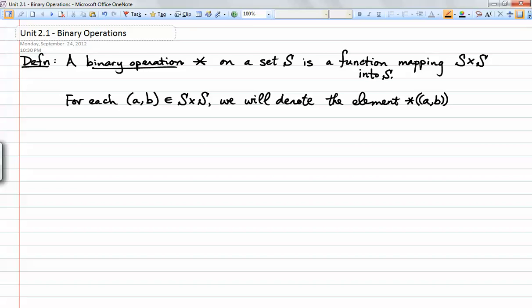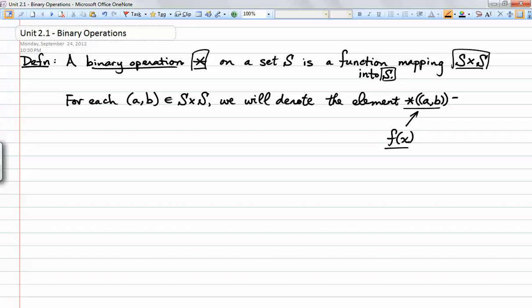Think of this as like f of x, where f is your function and x is the element you plug in from the first set to get this in the second set. So you're taking elements from here and plugging it into here, right? So elements from S cross S, plugging them into star, and you get an element in S.